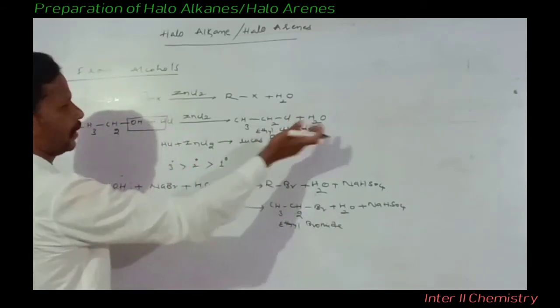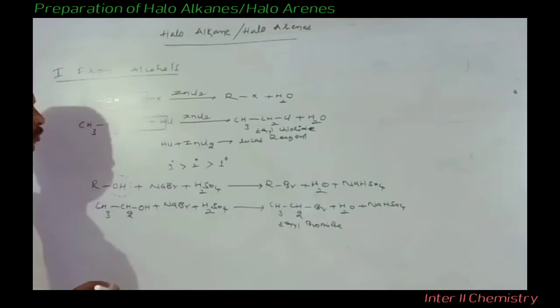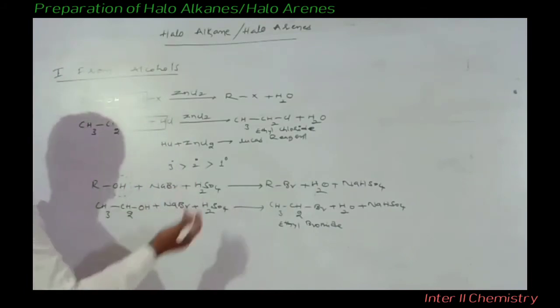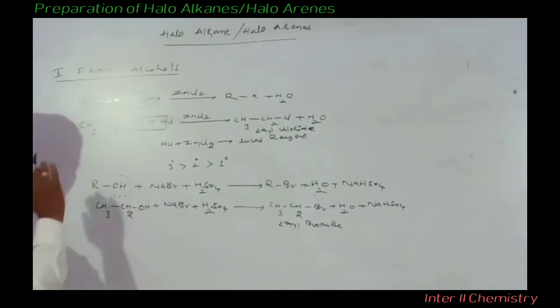Here we have prepared ethyl chloride, here ethyl bromide. So this is another type of preparation from alcohols only.